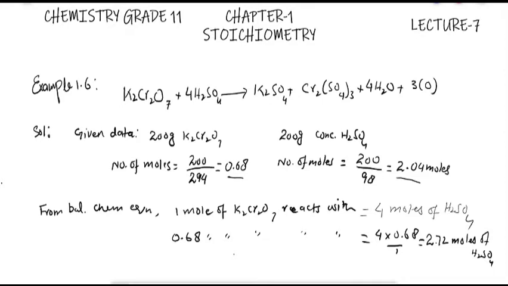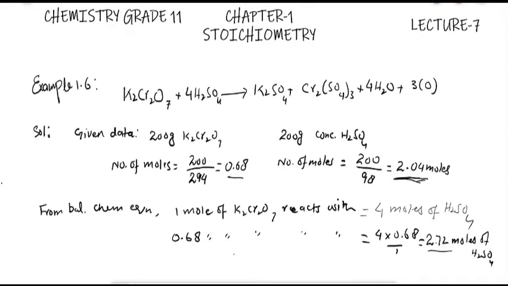But what we are actually given are 2.04 moles of sulfuric acid. So what is required are 2.72 moles of sulfuric acid, but what we have are 2.04 moles.